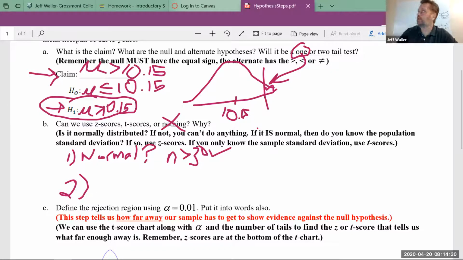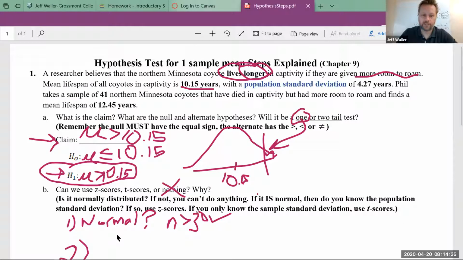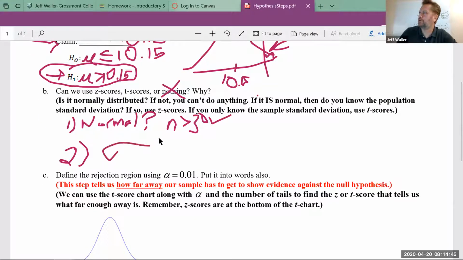Which standard deviation do we know? And again, I was really nice. Not only did I bold it, population standard deviation. Yeah, I know the population standard deviation. So what does that mean I can use? Sigma is known. Somebody else, what could I use then, since I know the population standard deviation?